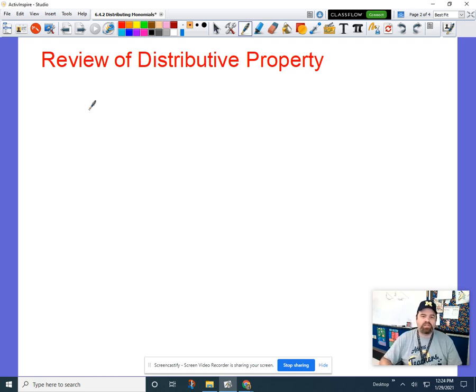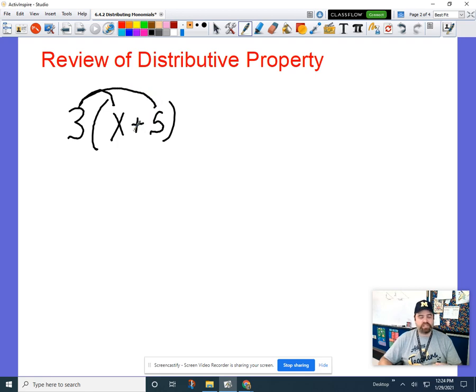But the idea is if I've got this expression, say x plus 5, with a set of parentheses around it and a multiplier out front, the distributive property says, and this isn't the book definition, this is the Mr. B definition, I can multiply this coefficient out here into each term inside the parentheses. It doesn't matter if there's 2 terms, 3 terms, 4 terms in there. Everything is going to get multiplied by 3. So in this example here, I would get 3x plus 15.